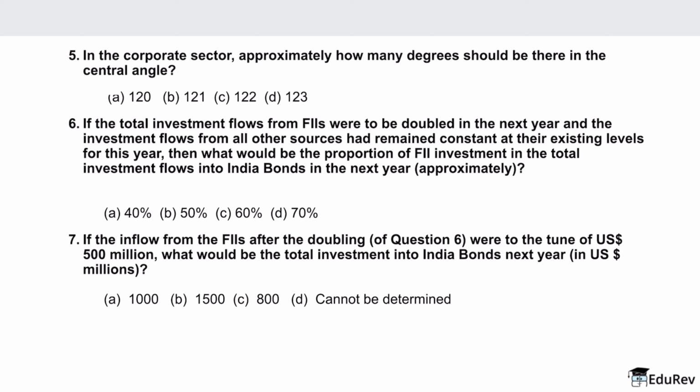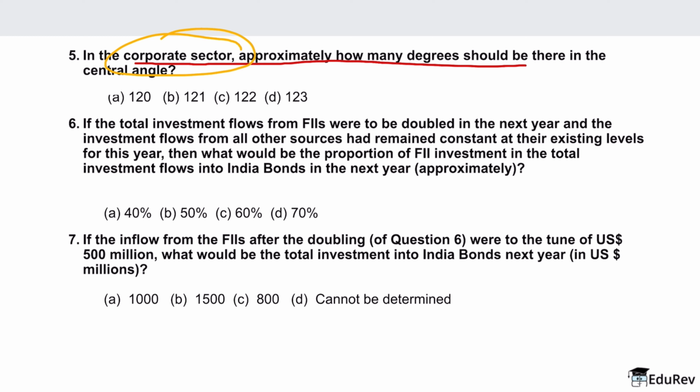Next question says, in the corporate sector, approximately how many degrees should be there in the central angle? Okay, I hope you people are understanding. Now, if I want to find out the angle, I know that for corporate sector, what was the percentage? It was 34%, I feel. Correct?